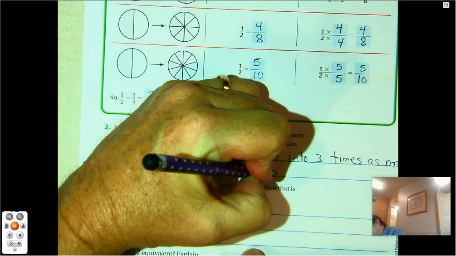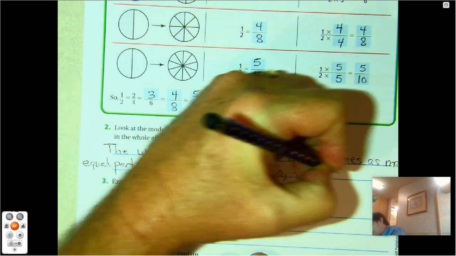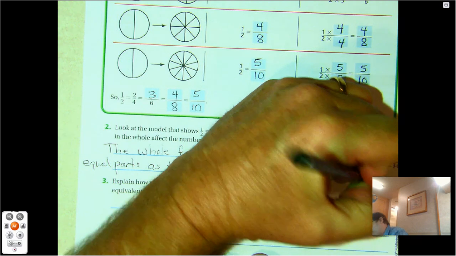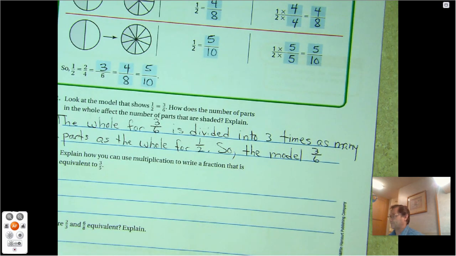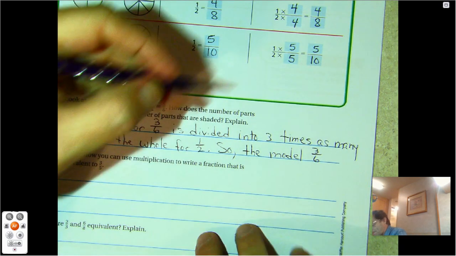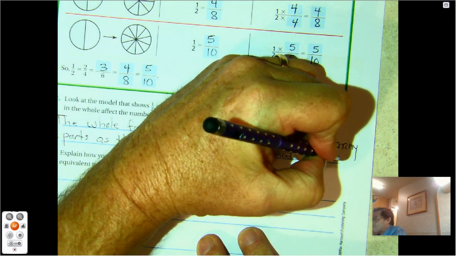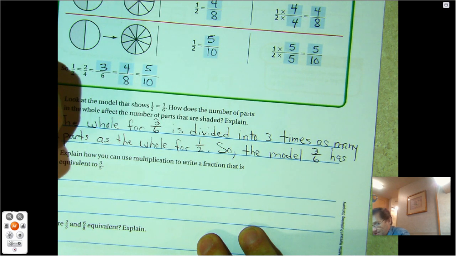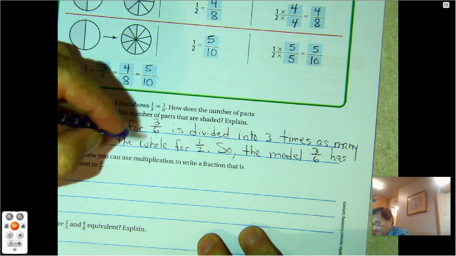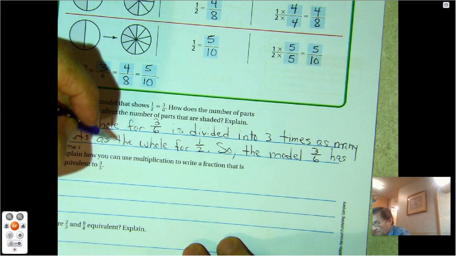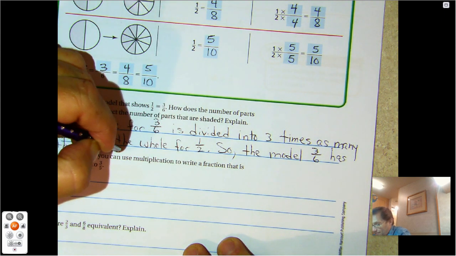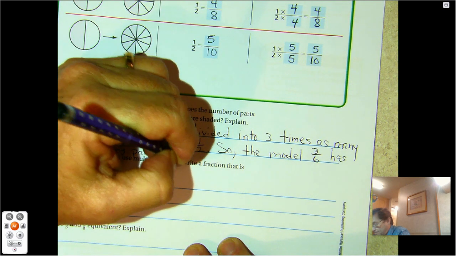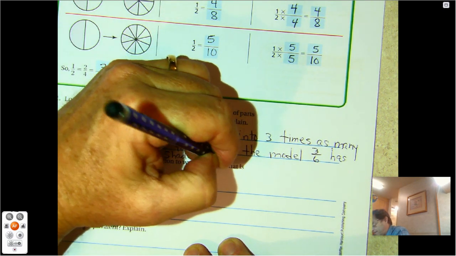So the model 3/6 has 3 times as many parts shaded, 3 times as 1/2.